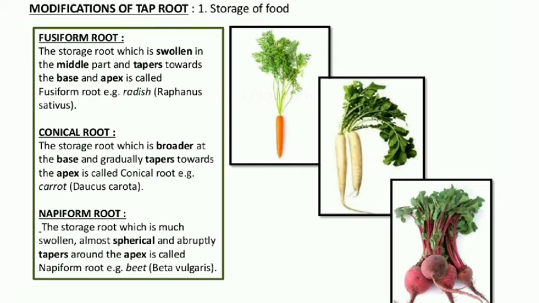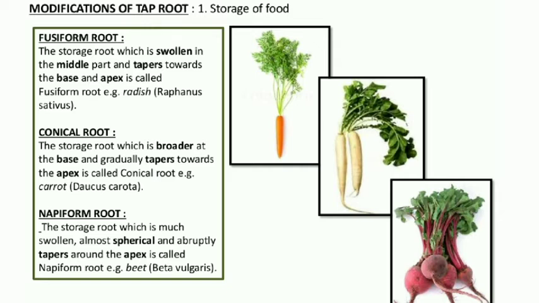The third main type is napiform root. Here the storage root is much swollen, almost spherical, and abruptly tapers around the apex. This means the root is narrower at the base and at the tip, but swollen in the middle, taking a spherical, round shape.